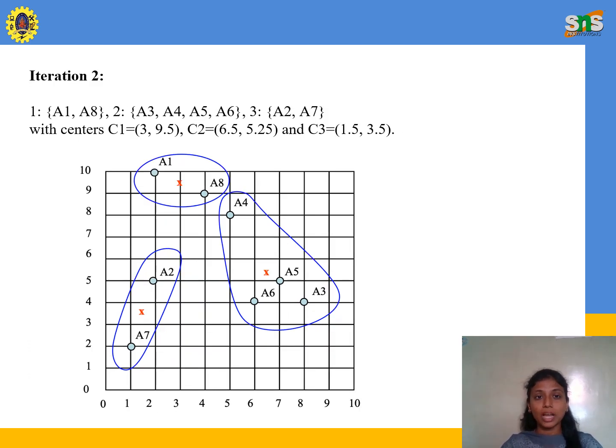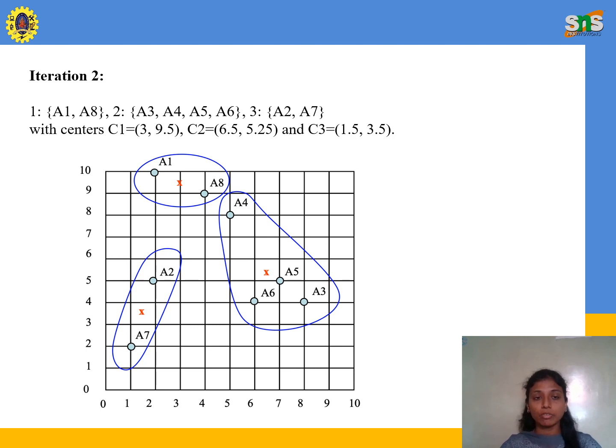Now we are getting into iteration 2. We are going to follow the same steps that we followed in iteration 1. As a result, we have obtained new clusters: C1 has A1, A8, C2 has A3, A4, A5, A6, and C3 has A2, A7.